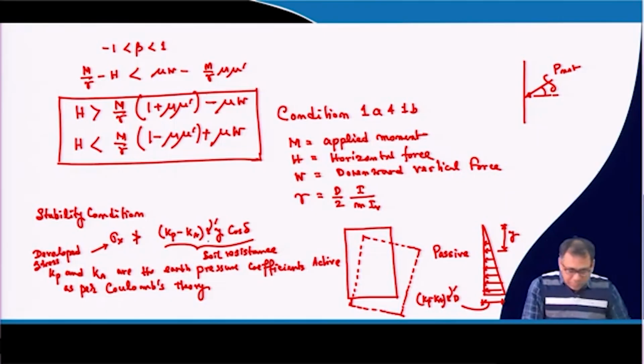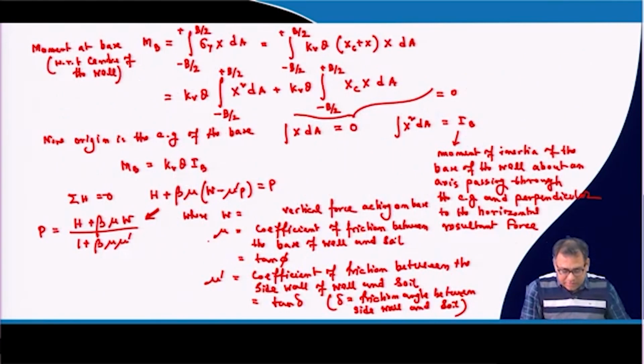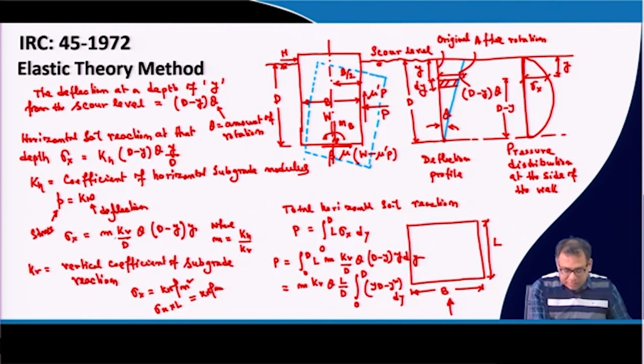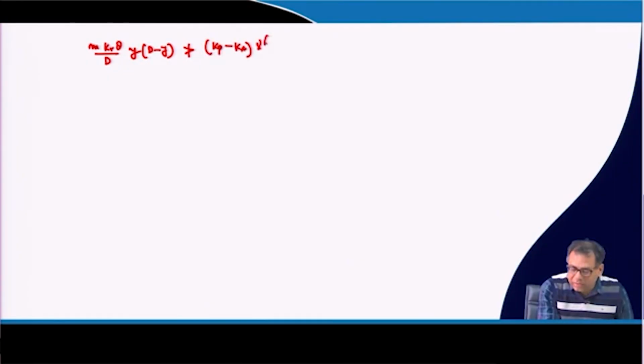Now, the sigma x value is given. This is sigma x, which is m k v theta by d minus y into y. So, if I write that sigma x value, it will be m k v theta by d into y into (d minus y), that should not be greater than (Kp minus Ka) into gamma dash y cos delta.